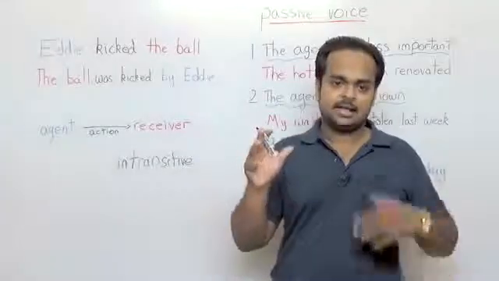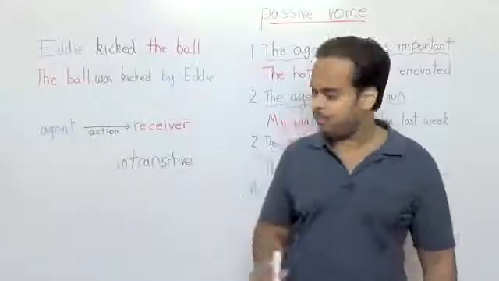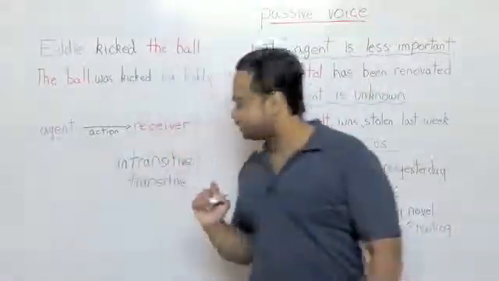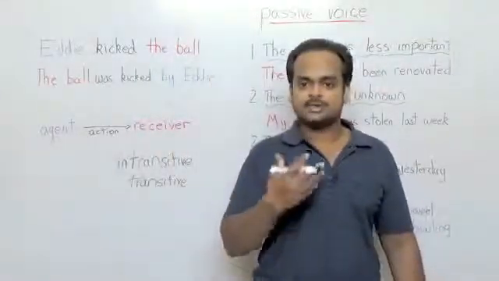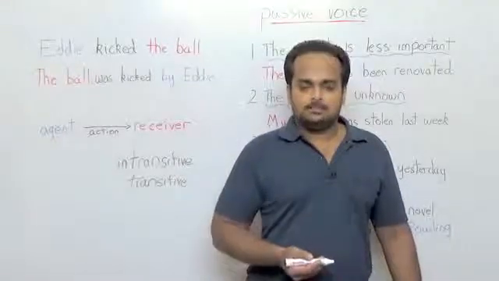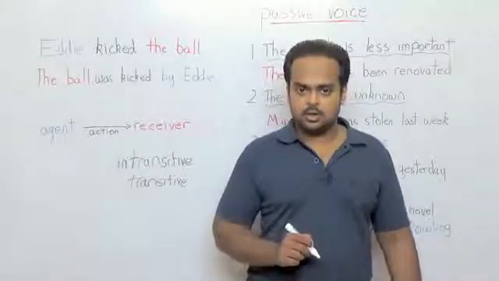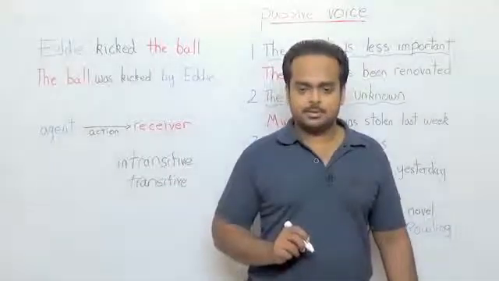That's a verb that has no object or receiver. The passive voice is only possible for transitive verbs, that is, verbs that take an object, like kick, steal, arrest, write, etc. So that's very important to keep in mind.